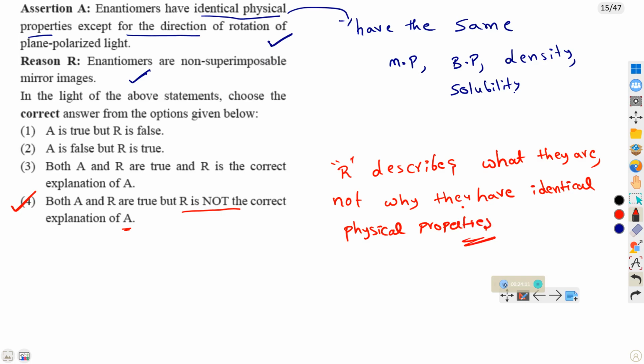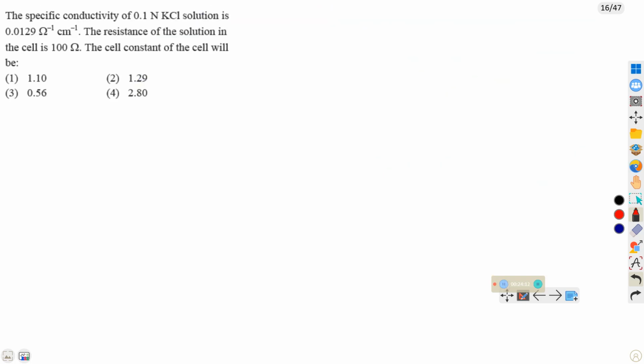That's the reason. The specific conductivity of 0.1 normal KCl solution is 0.0129. K value is given as 0.0129 ohm inverse centimeter inverse. The resistance of the solution in this cell is 100 ohms, R is given as 100 ohms.